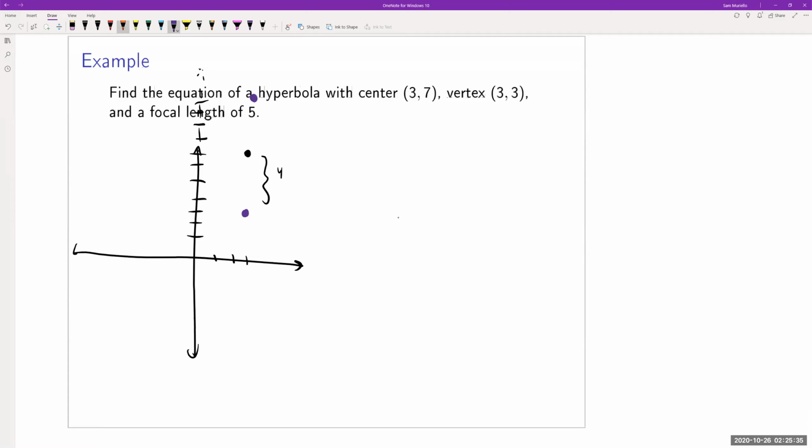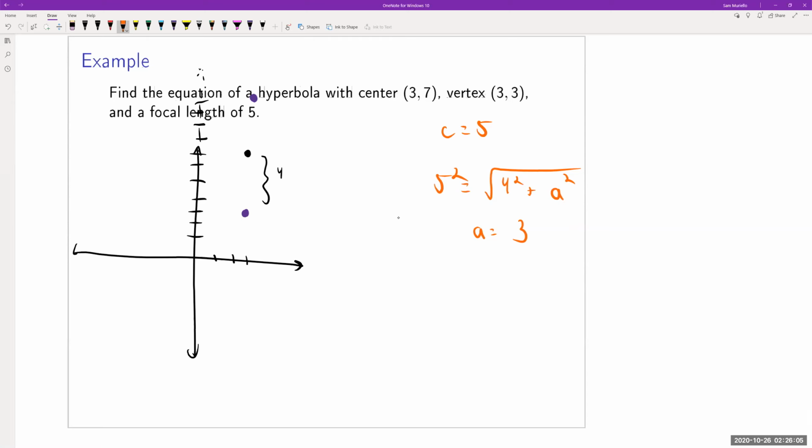It also told us that the focal length is 5, so c equals 5, which means that 5 is equal to the square root of 4 squared plus, since this is vertical, the piece we're missing is horizontal, which is a squared. This means that a will be equal to 3, because a 3, 4, 5 triangle is effectively what we've created. 3 squared plus 4 squared makes 9 plus 16, which is 25, which is what we're looking for.